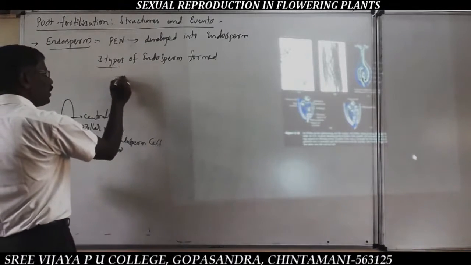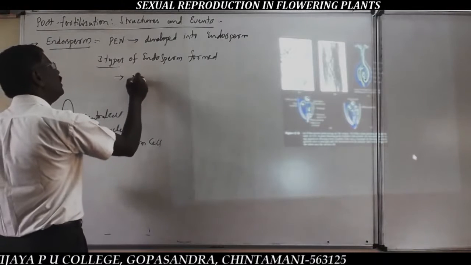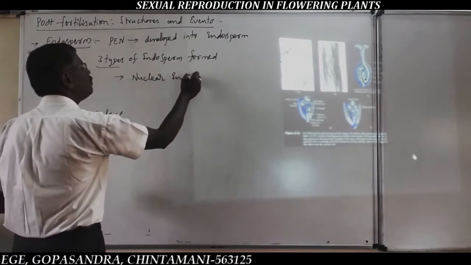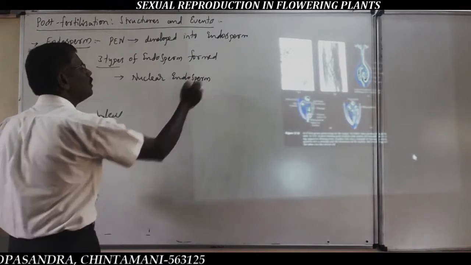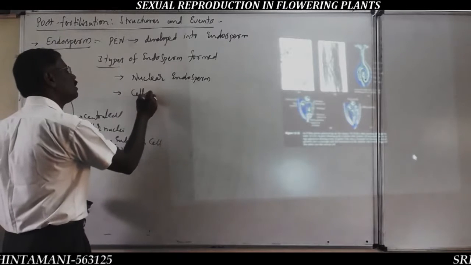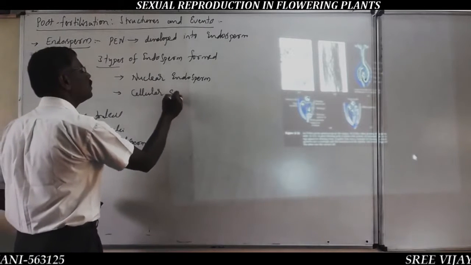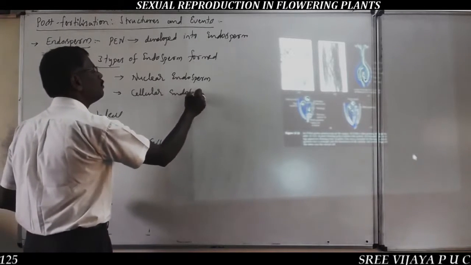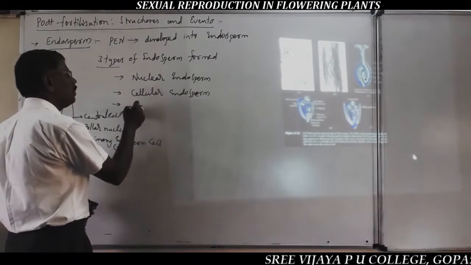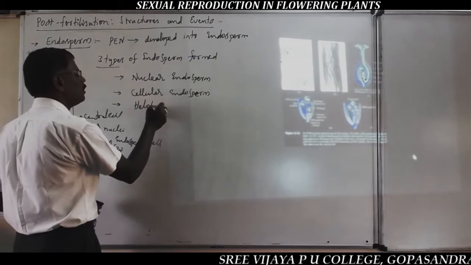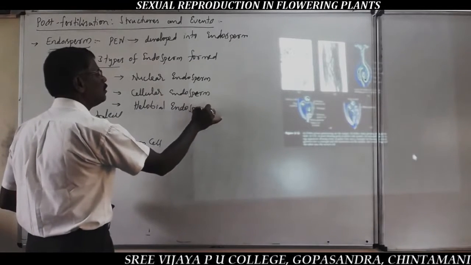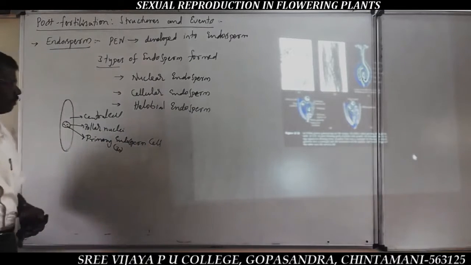The first one is nuclear endosperm, the second is cellular endosperm, and the third is helobial endosperm.